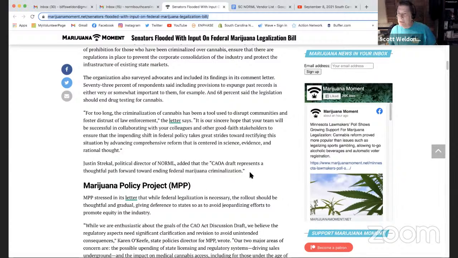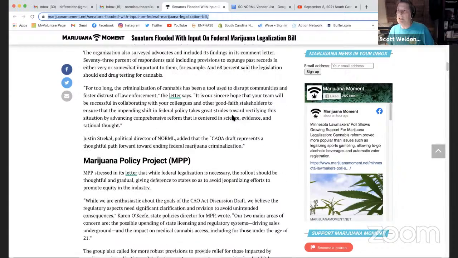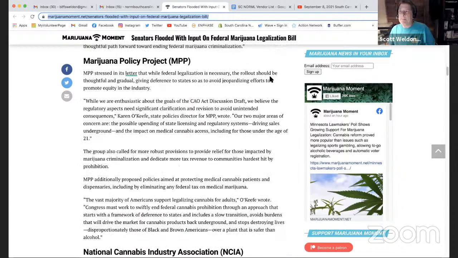I think Justin also kind of wraps up with: the CAOA draft represents a thoughtful path forward toward ending marijuana criminalization. I know that's only a little portion of what he had sent in. Anyway, let's go ahead a little bit more on a couple of these others.